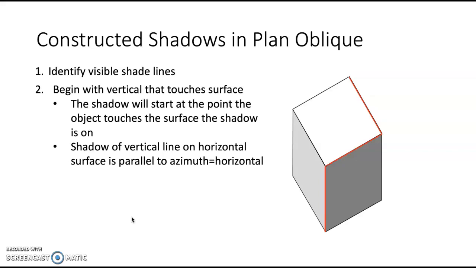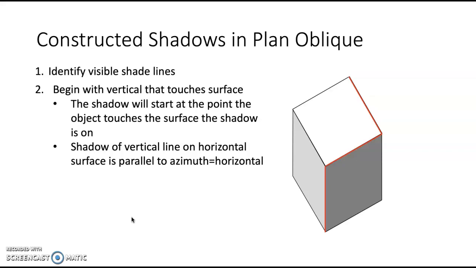We're going to begin by drawing the shadow of these lines. We'll begin with the vertical that touches the surface. Whenever the object casting the shadow touches the surface the shadow is on, the shadow will start at the point where they intersect. So we know that that bottom corner is a starting point for the shadow of the vertical line.